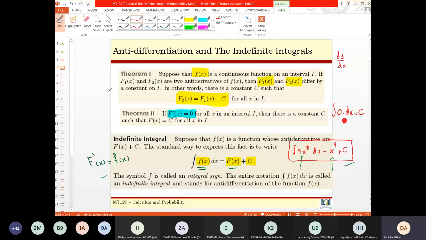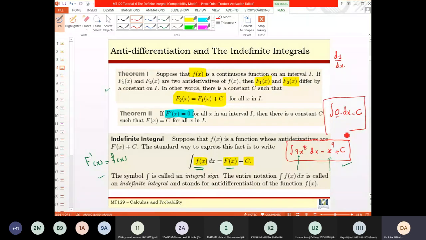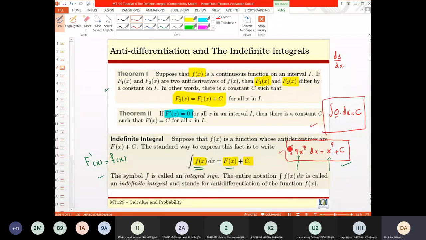I'm asking you, what's the function that will have the derivative equal to 0? It's the constant. Any constant goes there, so I'm going to call it a constant. Okay? So this and this is what we have.